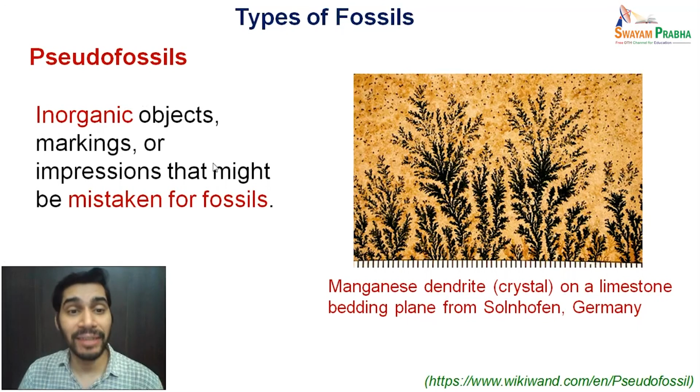They are mistaken for fossils, but they are not the actual fossils. As you can see here, this is a manganese dendrite crystal on a limestone bedding, but it appears as if it is a fossil or compression or impression of a fossil.